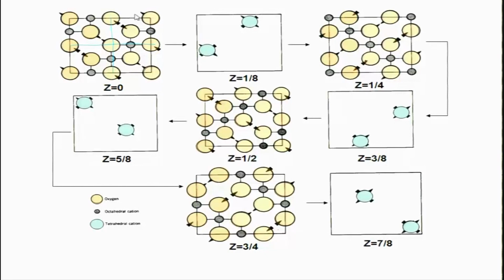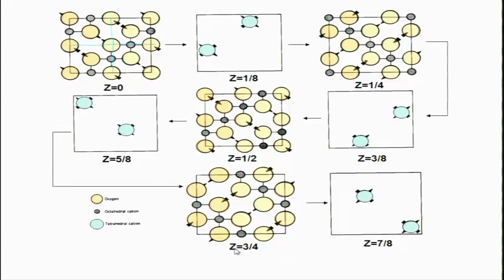Instead of keeping these empty and these empty, you shift the octahedral sites by another vector in the 110 direction. So you can see that this layer is now empty, this row is filled, this row is empty, and this row is filled. And then again you go to the tetrahedral plane, you rotate now the tetrahedral interstices position. Now the tetrahedral sites which are filled are those which are along this axis.